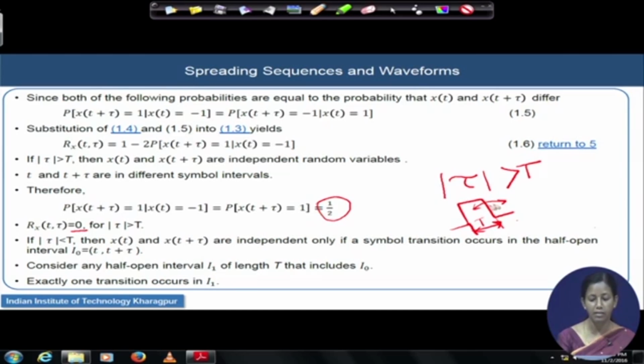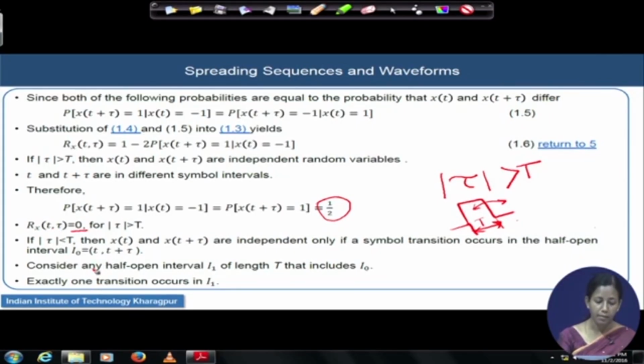Fundamentally there is no relation between x(t) and x(t+τ), because they occur in two different timing intervals with no common area between them. Autocorrelation, which finds how much the two waveforms are related to each other, will give you 0, because there is no relation over the time of interest.